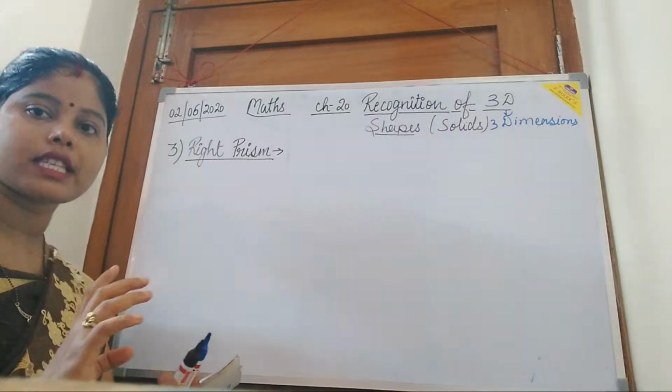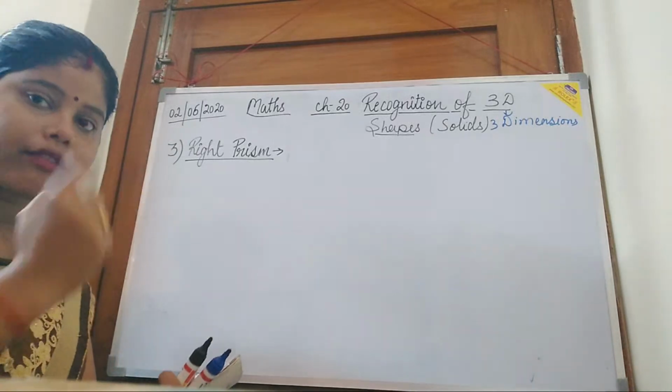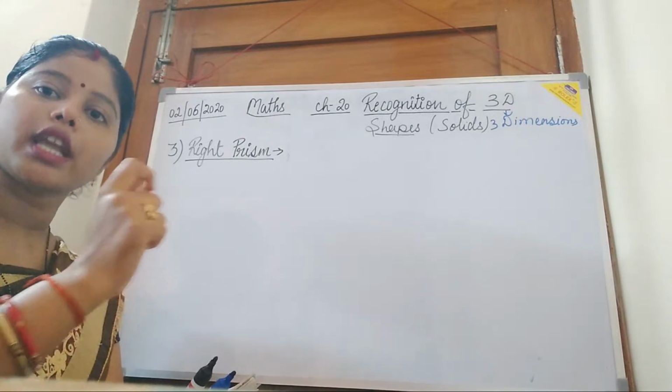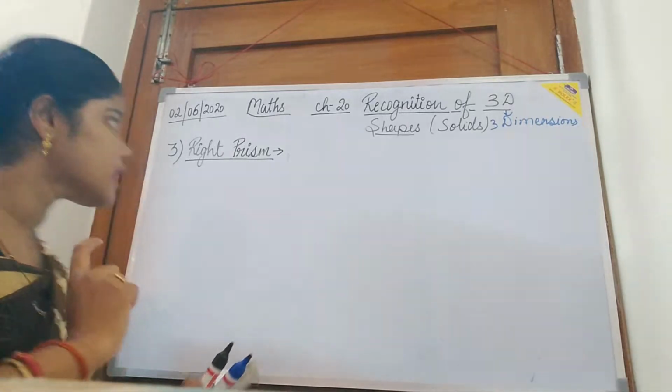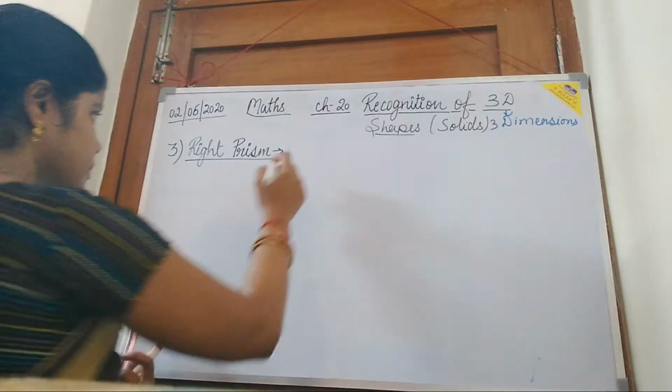Two identical faces. In a right prism we have two faces that are identical, and on those identical faces we are going to name them. So in this right prism, first we are going to draw a triangular prism. First one.